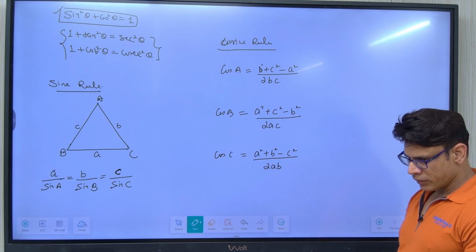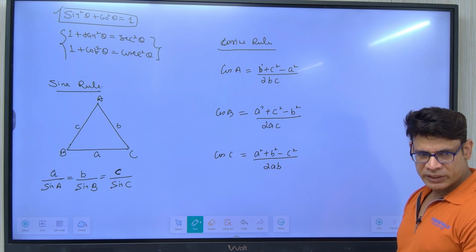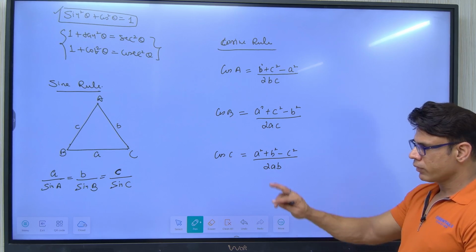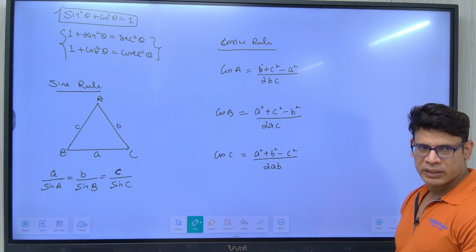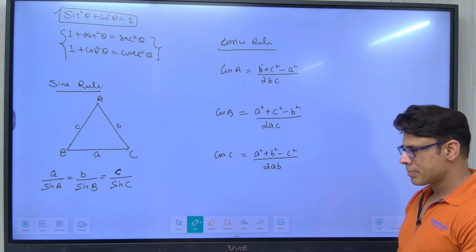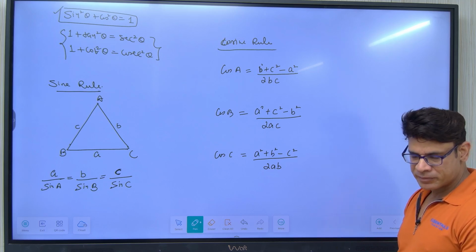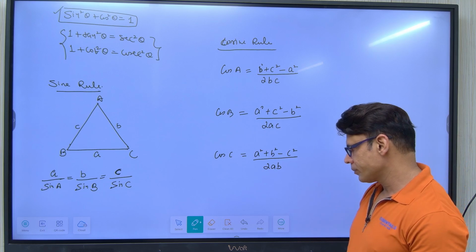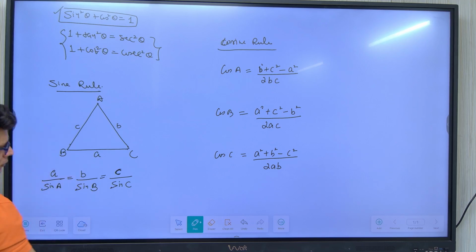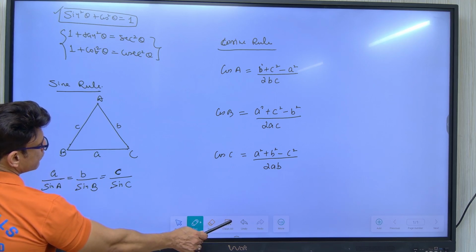In fact, cosine rule say everything will get. If you know sides and everything, there you get ratios of angle and sides. You can flip that also. Sin A upon a, sin B upon b, sin C upon c. The ratio will always be same in that case. Then sine and cosine rule is clear.